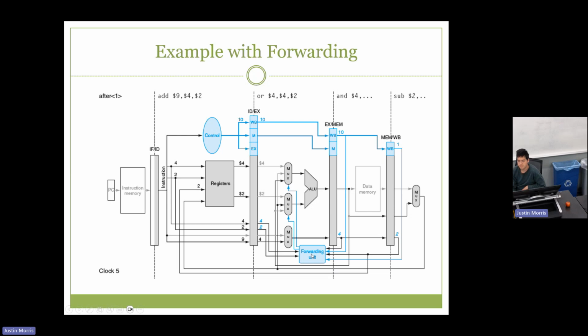And we talked about the equations that are used in order to check, are these things equal? Is it writing? Then I need to replace the appropriate value. Right? And you can make a truth table about all of that and implement this forwarding unit with combinational logic.